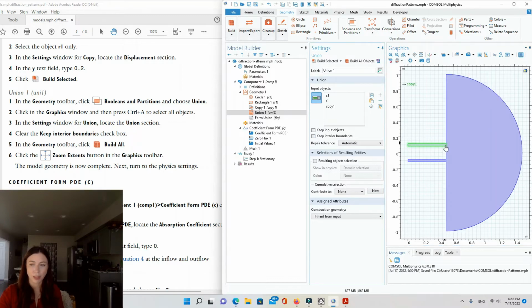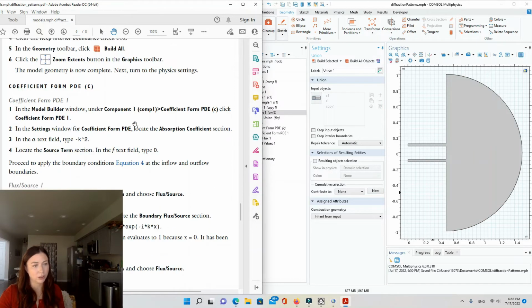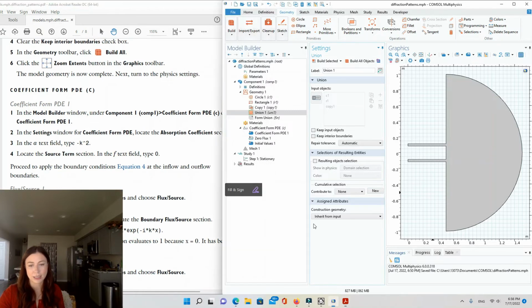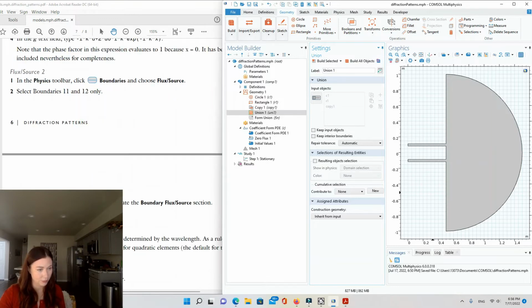So we don't want the boundaries in the slits, we want those to be free flowing, and then build all objects. So now we have one continuous geometry.